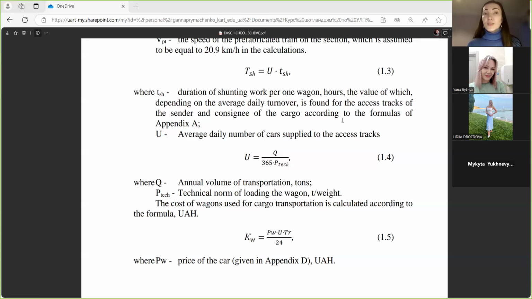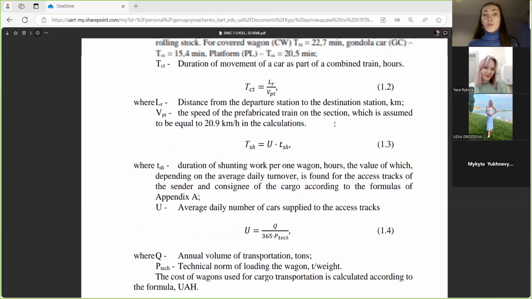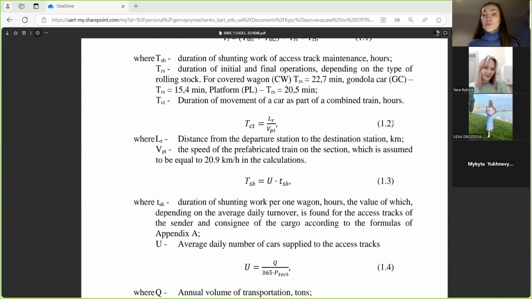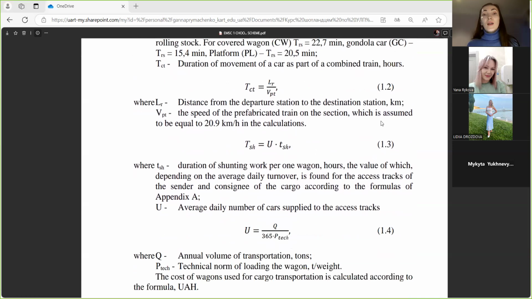So when we have calculated this time, we can come back to the other formula, 1.2. It is time big T with index CT. It is the duration of movement of a car as part of a combined train in hours.